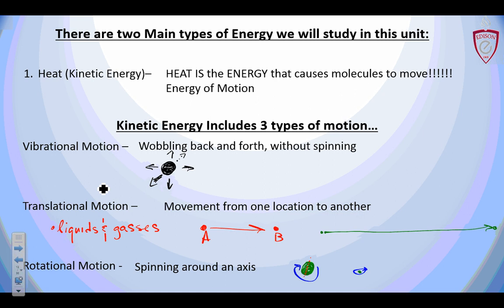Now, vibrational motion is specifically for solids. When we say the desk that you're sitting at is moving, this is what we're getting at. The molecules within the desk are vibrating in place.